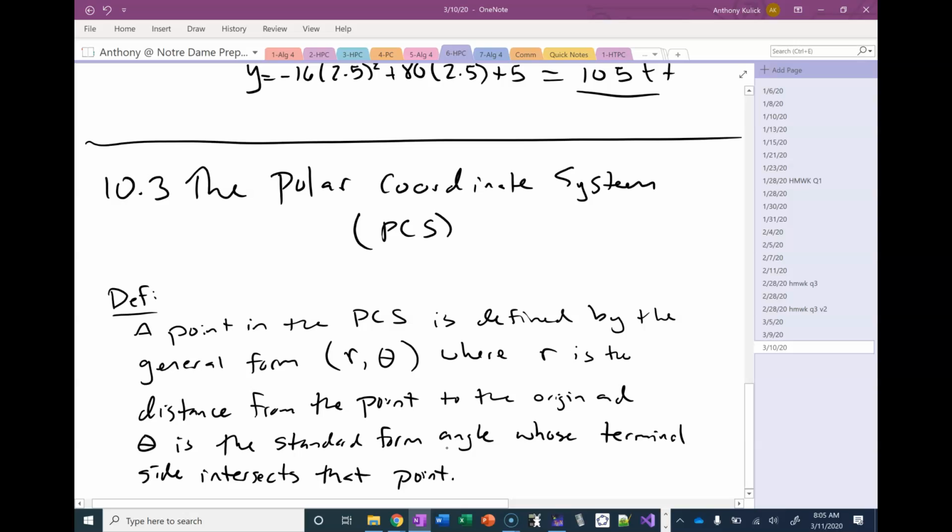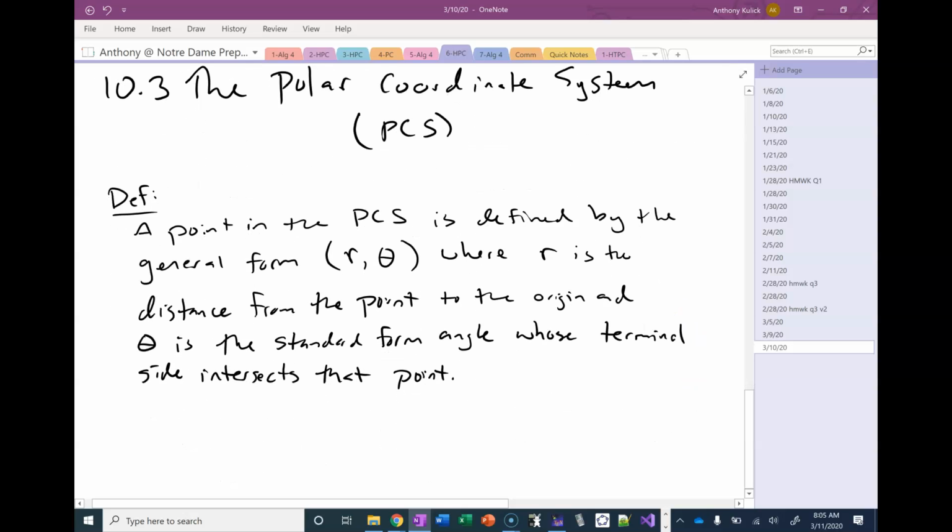Okay. So a point in the polar coordinate system is defined by the general form (r, theta), where r is the distance from the point to the origin, and theta is the standard form angle whose terminal side intersects that point. What does this description remind you of?